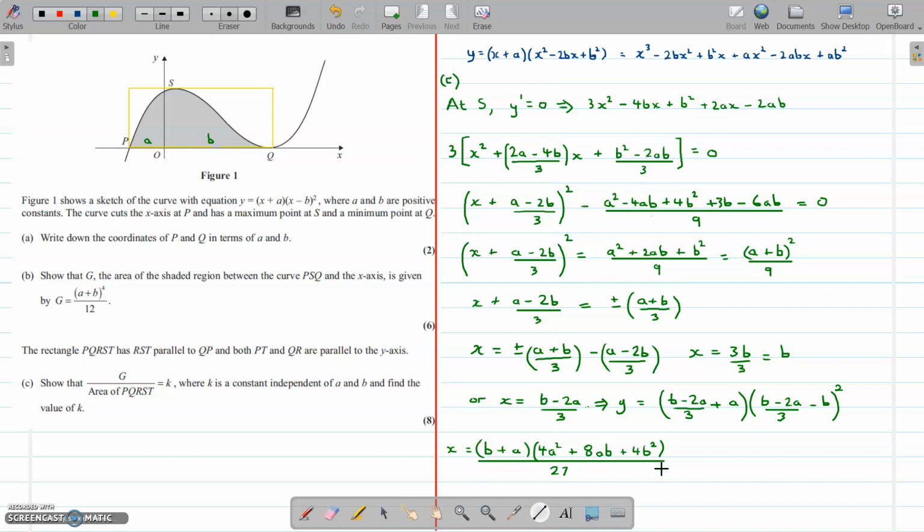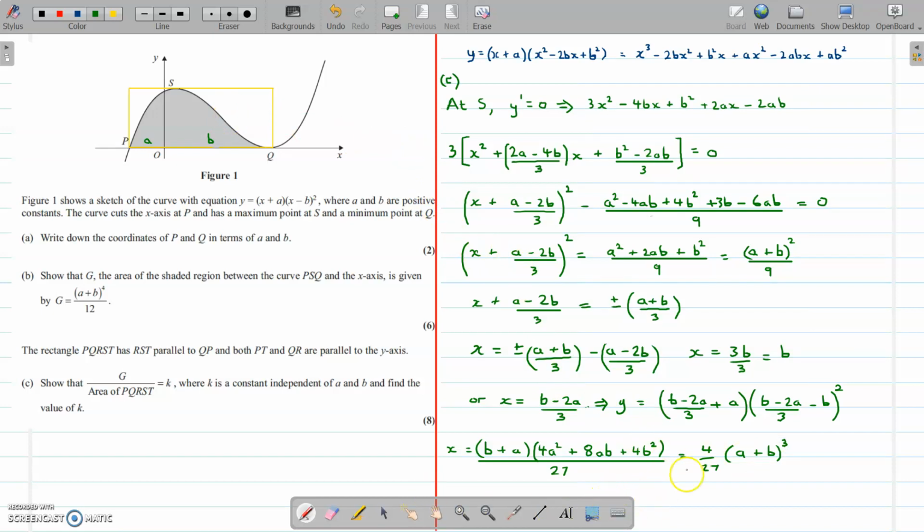And if you take that one step further, you get that that is equal to a plus b cubed times 4 27ths, of a plus b all cubed. Now, that's the height of the rectangle, right?